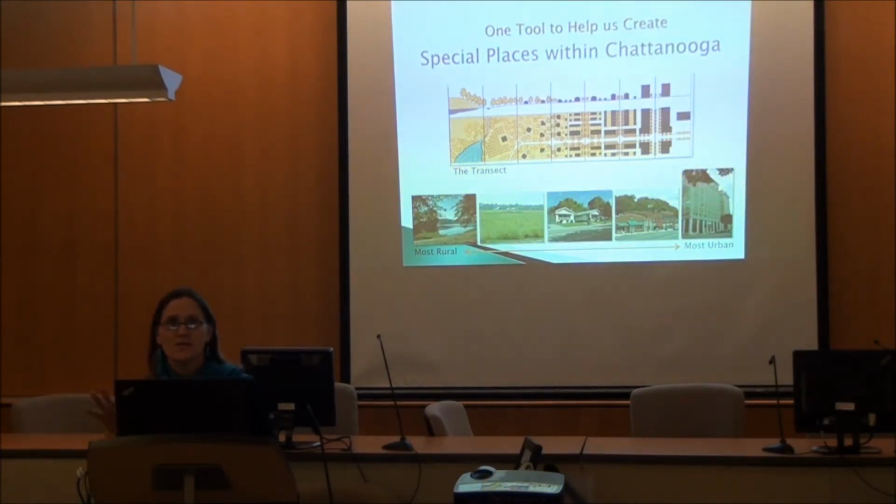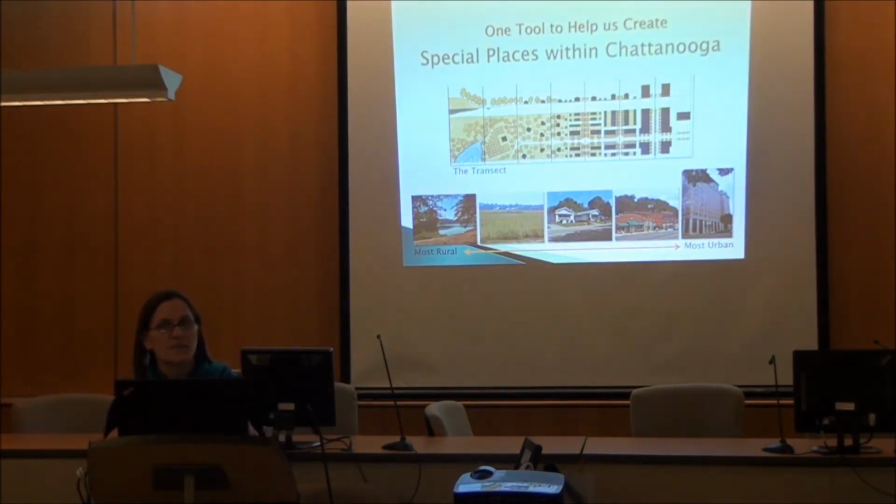We want a code that's going to allow us to do urban development in the urban area. Currently we have 20-something zones in our current zoning ordinance, and most all of them are geared to suburban development, where you have very deep setbacks, the buildings push way back from the street, parking in front, those sorts of things.